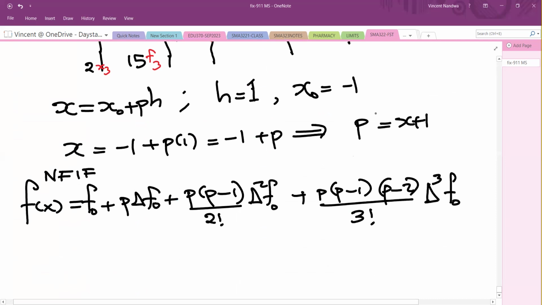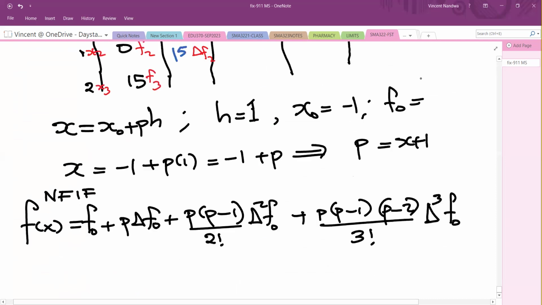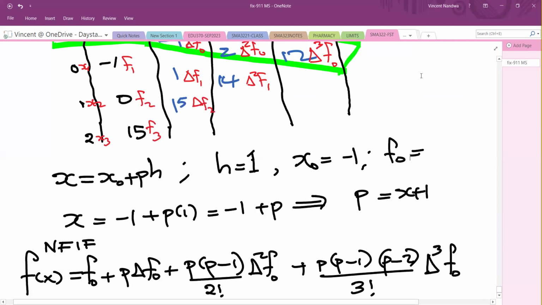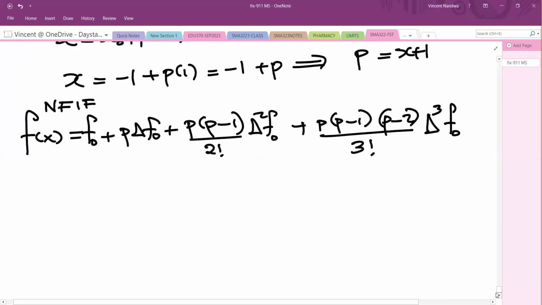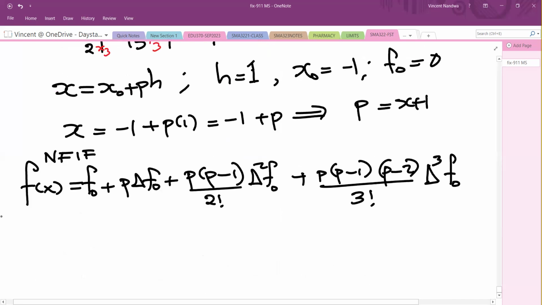So the value of f naught in this problem is 0. So I'll have f of x equals 0 plus, where there's p, you replace by x plus 1.